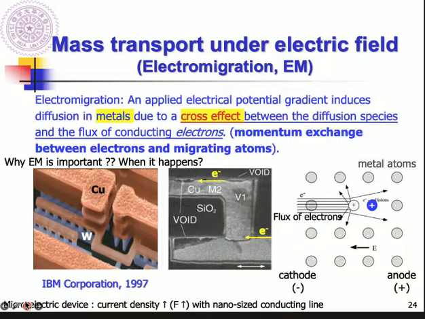Especially as you know, in microelectronic devices, as long as the line width decreases, the current density dramatically increases.